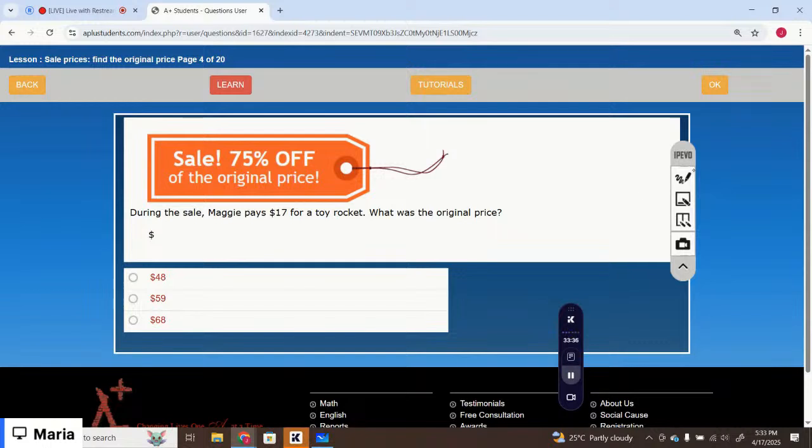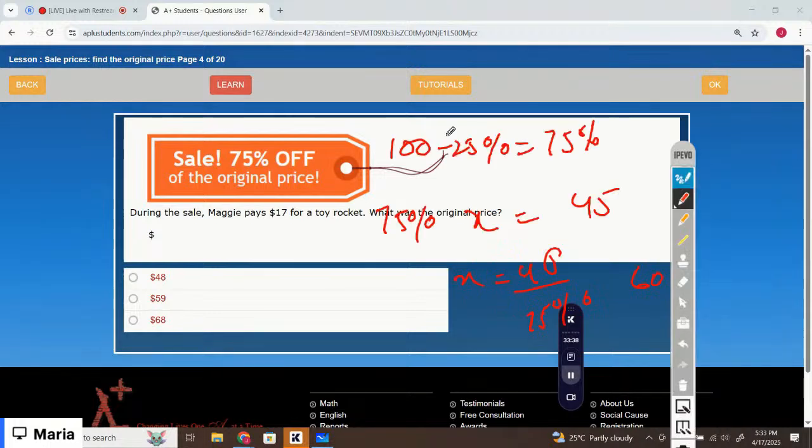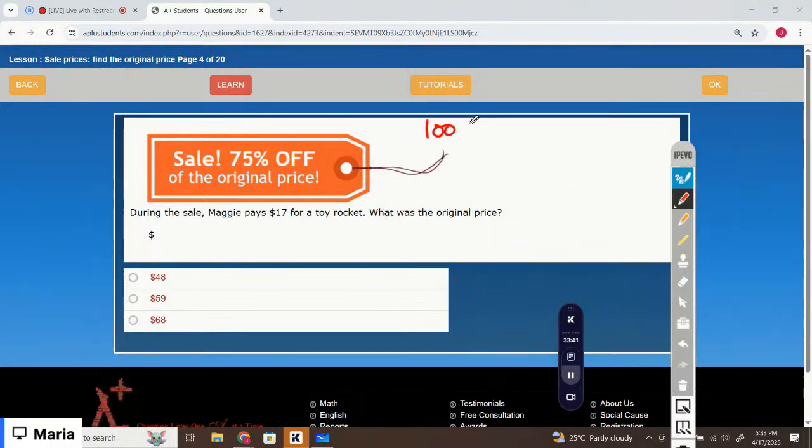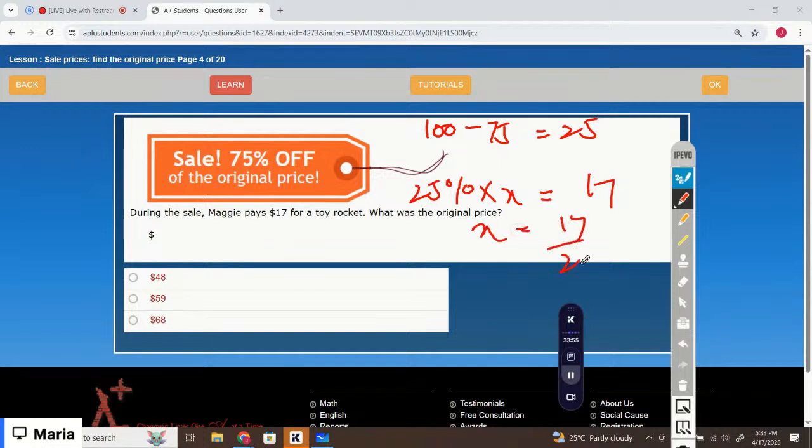That means you paid just 25%. So 25% times x equals 17. So x equals 17 divided by 25%. So just do the calculation. That is $68. So the original price is $68. Got it?